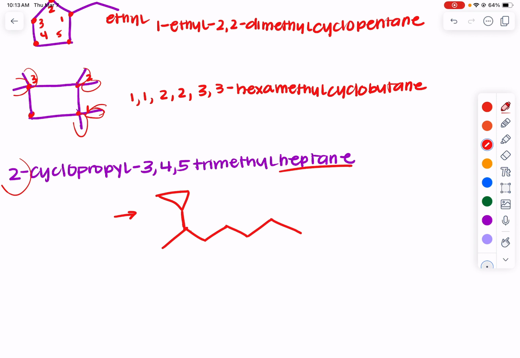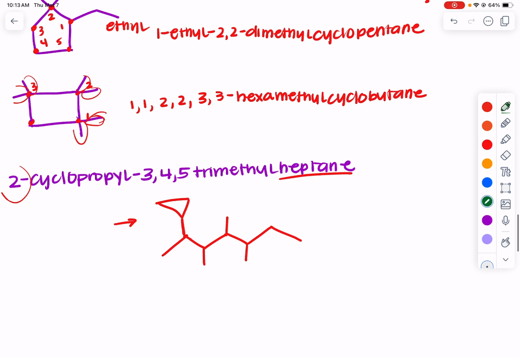At carbon 3, 4, and 5, I probably should have numbered the carbons to start. We have 3 methyl groups, so that is 2 cyclopropyl, 3, 4, 5 trimethyl heptane.